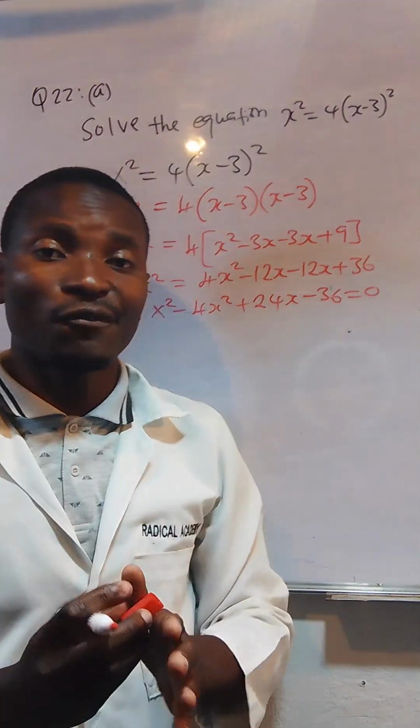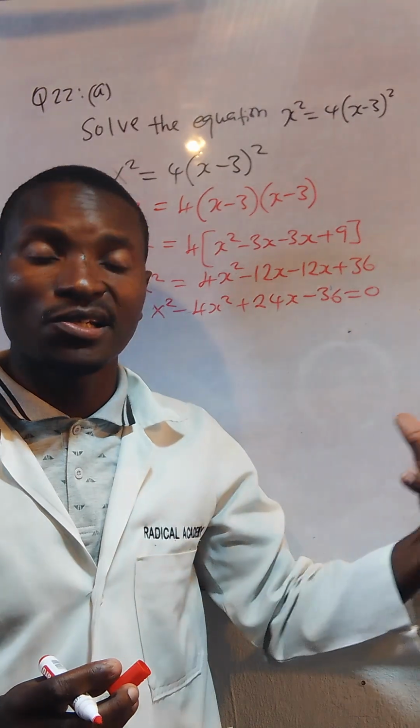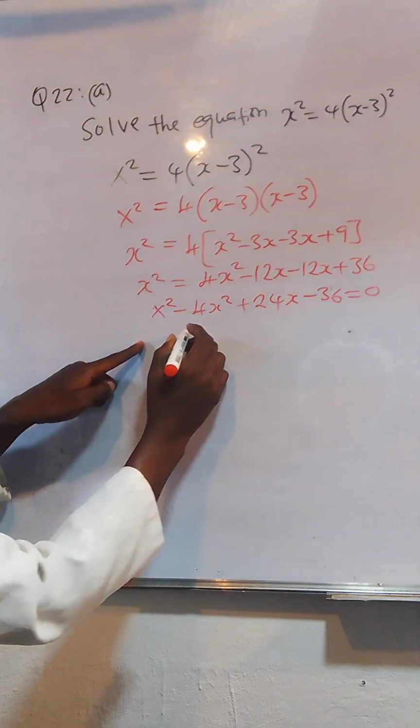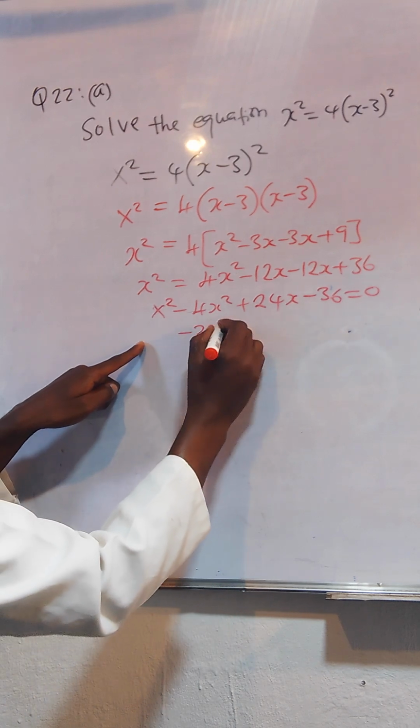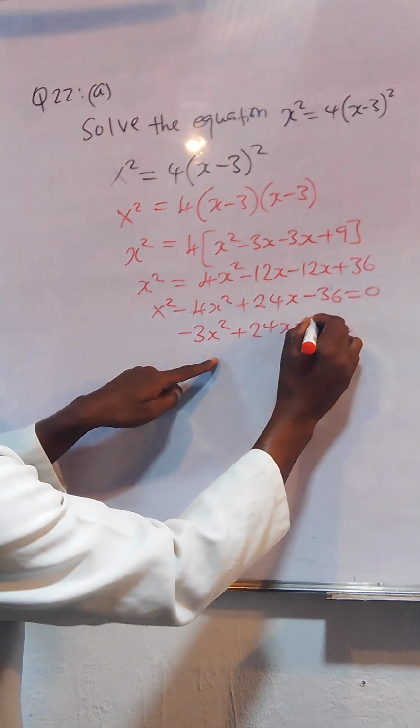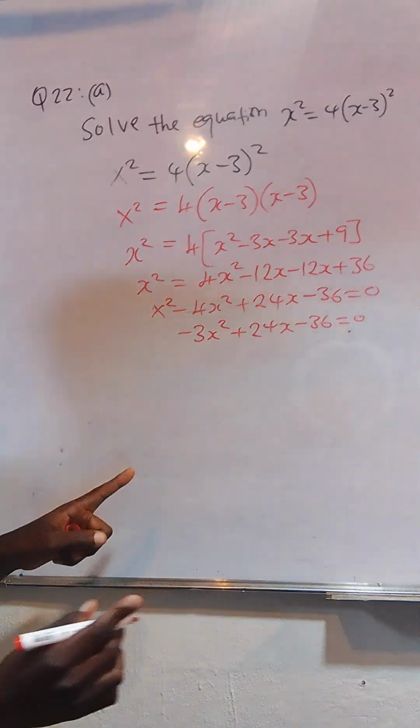Now you have to be careful when it comes to the expansion of this quadratic. So from there we have negative 3x squared plus 24x minus 36 equals that.